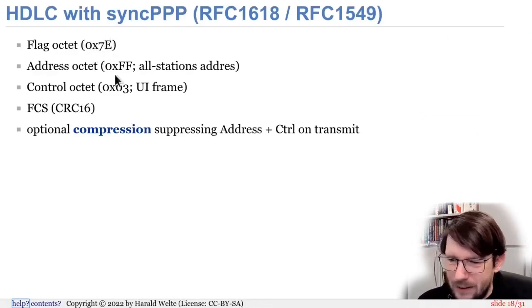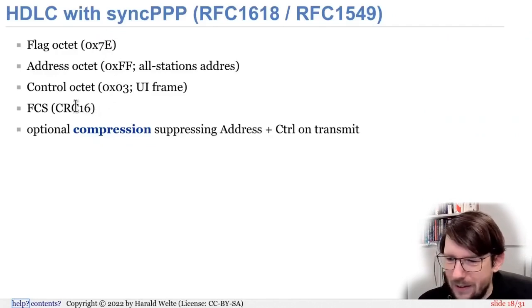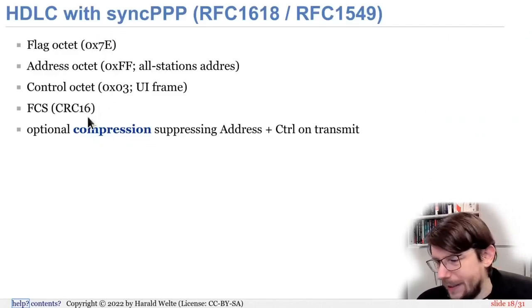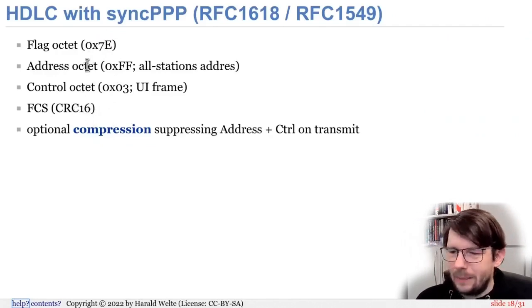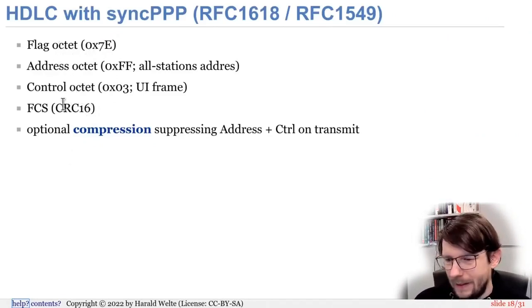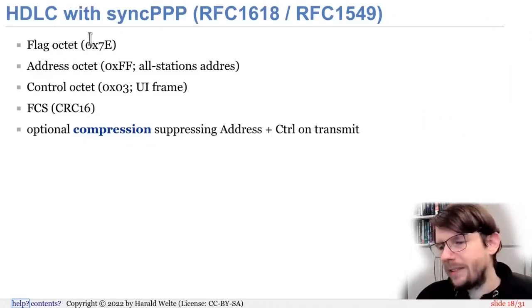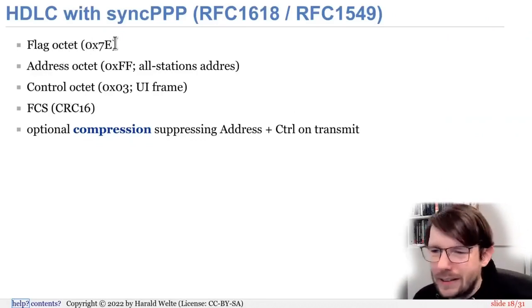Then you have any number of octets in between and terminate with a CRC and another flag octet at the end. Also, what happens is some bit stuffing between the start and the end flag octets, to make sure the 7E pattern only occurs in this situation.